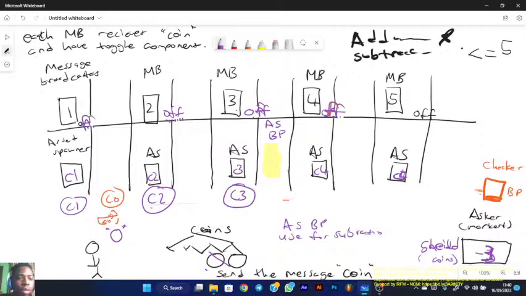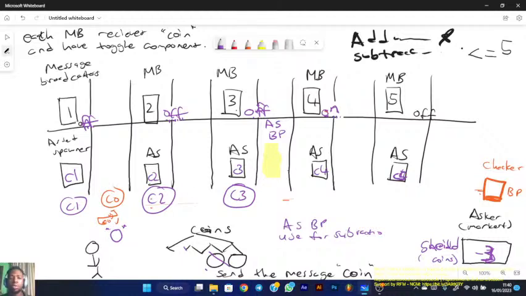So that means this one is off, this one is off, this one is off, and this one is on, waiting for the 4th coin.